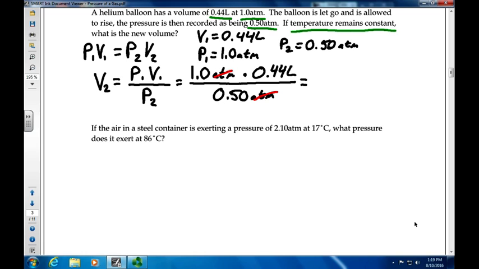And our final value is 0.88 liters. And it's worth noting that when you halved your pressure, you doubled your volume. That has to do with the relation between pressure and volume.